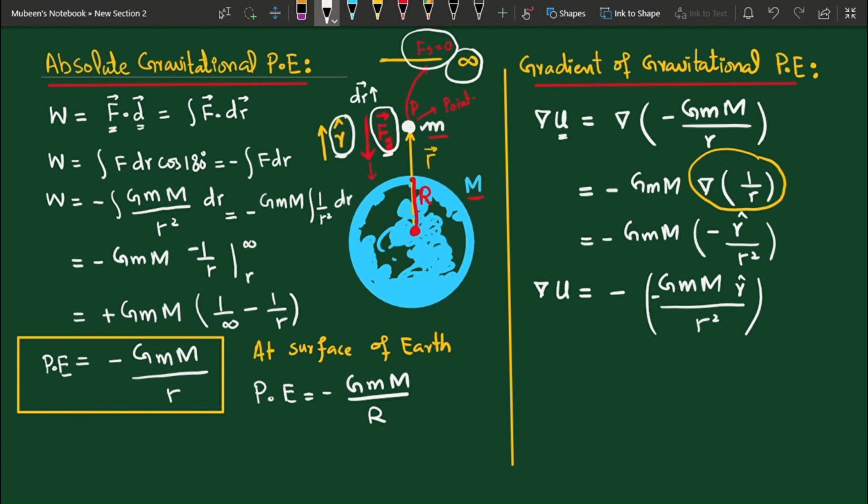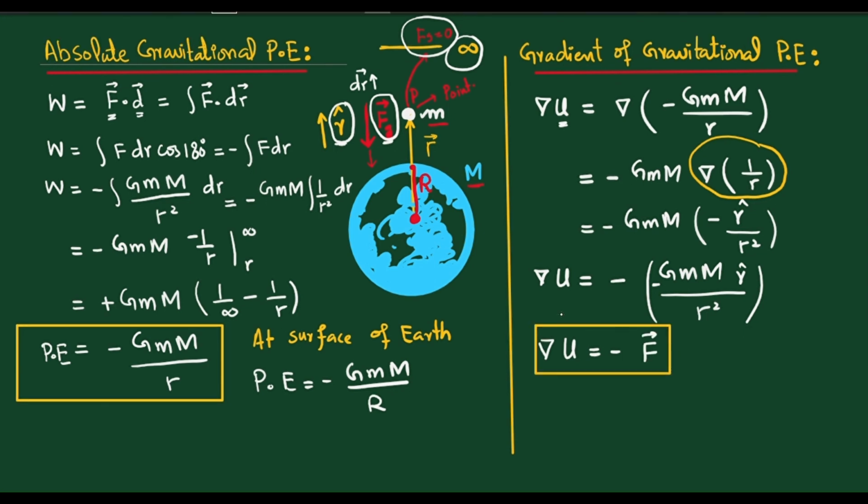They both have opposite directions. That's why the gravitational force is equal to minus of a R unit vector term. The del operator of U is equal to minus F gravitational force. From this equation, it is proved that the gradient of absolute gravitational potential energy is equal to minus of the gravitational force. Thanks for watching.